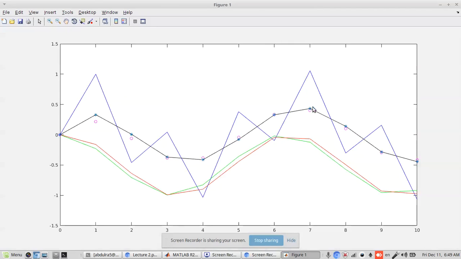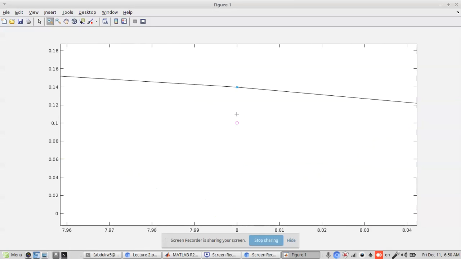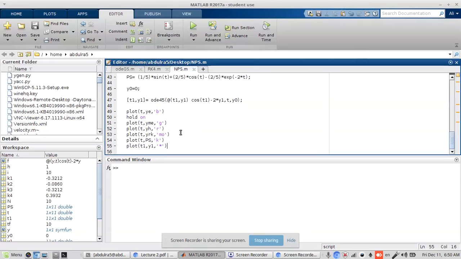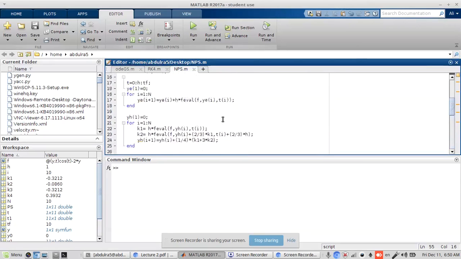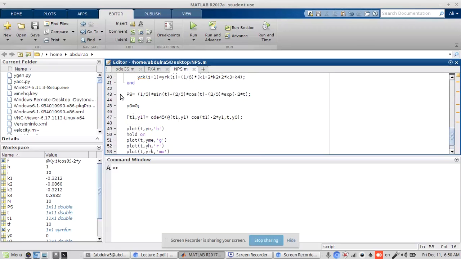See these stars? These stars are even better than the solution of Runge-Kutta. So now we have these numerical methods, and we have the exact solution, and we have the package or built-in command in Matlab.